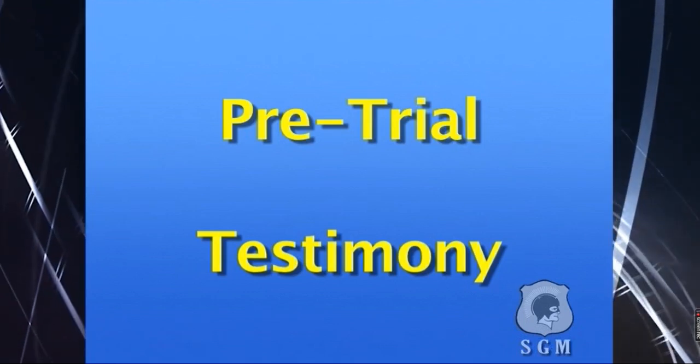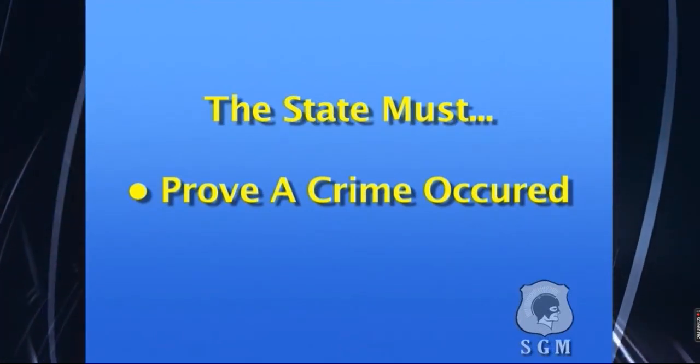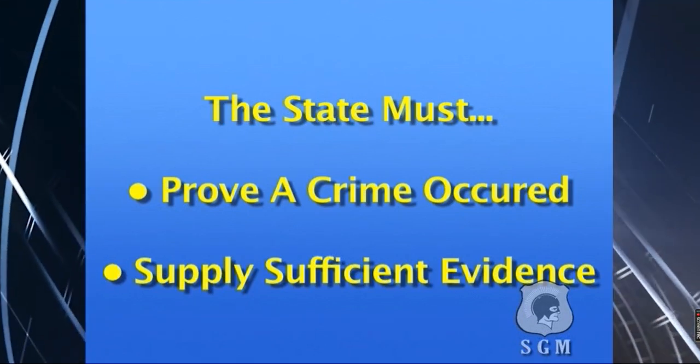A pretrial or preliminary court hearing is conducted in front of a judge. It requires the state to prove that a crime occurred and that sufficient evidence exists to prove the defendant committed that crime. The judge decides based on the evidence presented if the case should go forward to trial. Pretrial testimony requires the same rules as a regular trial.